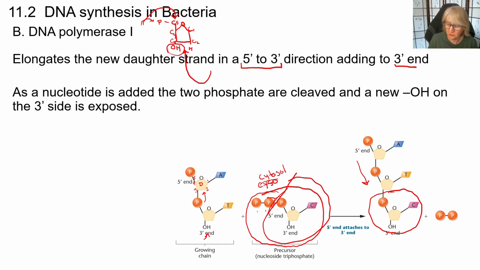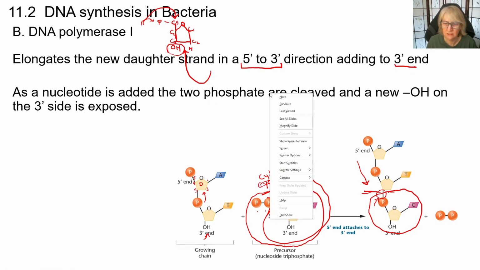And then 2 of these phosphates are popped off. This is a pyrophosphate, for those of you who've taken orgo. And there's a little bit of available energy that we can use to catalyze this. That energy catalyzes this reaction.